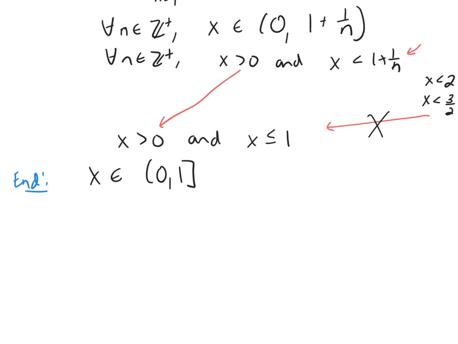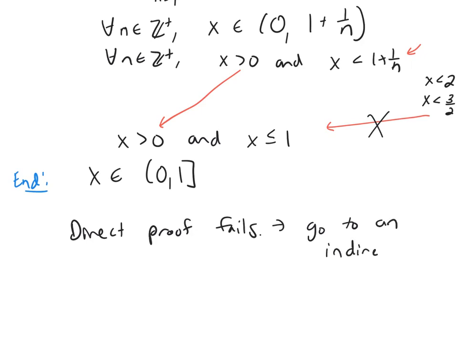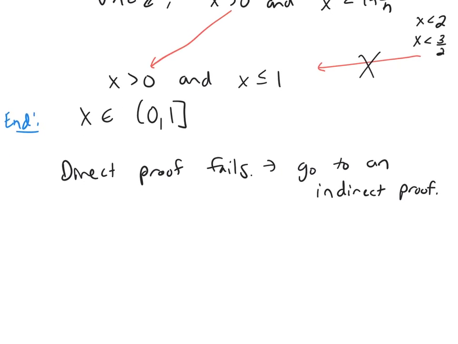So I'll sum it up and say that the direct proof fails. What do you do when you can't prove something directly? You go to an indirect proof. You can either use contrapositive or contradiction.